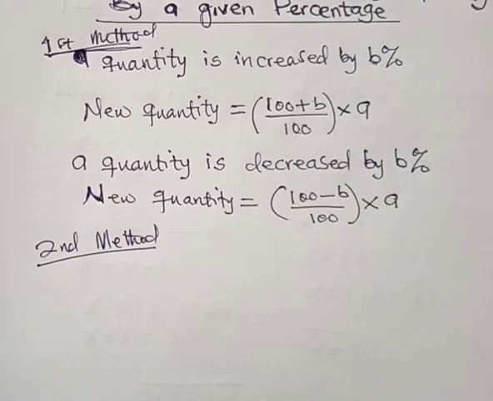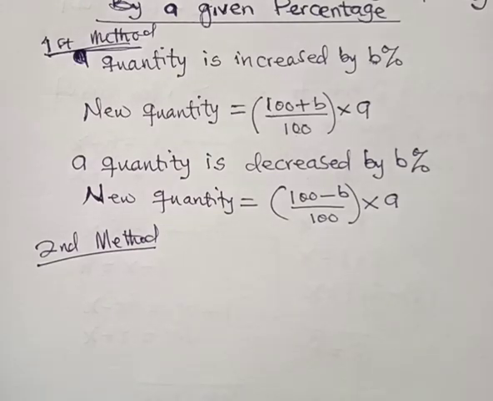In the second method, what you do is you first find whatever is given to you percent of the quantity. Remember when you are asked to express the percentage of a given quantity, how we did it, the same way you do it.